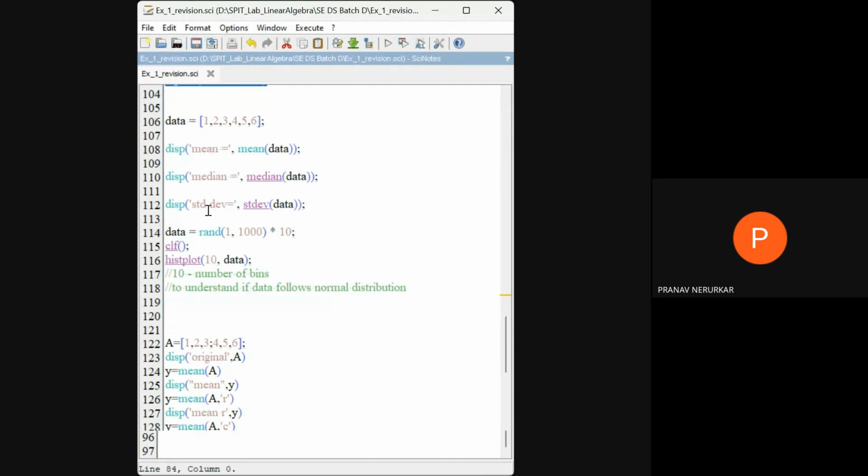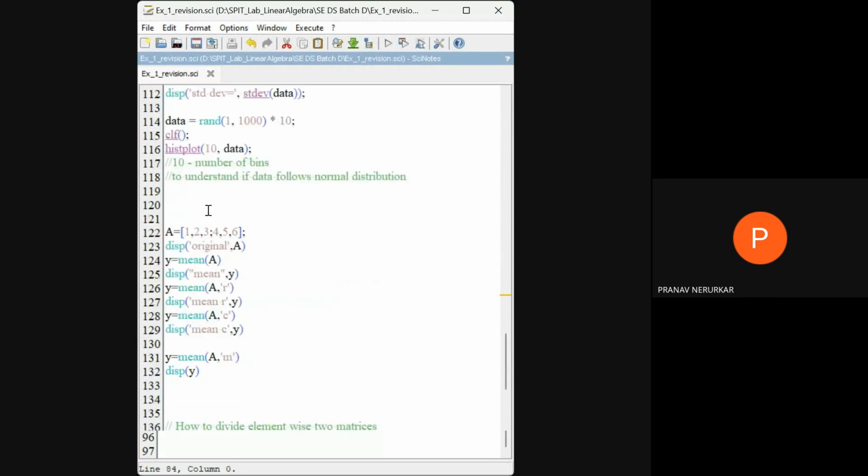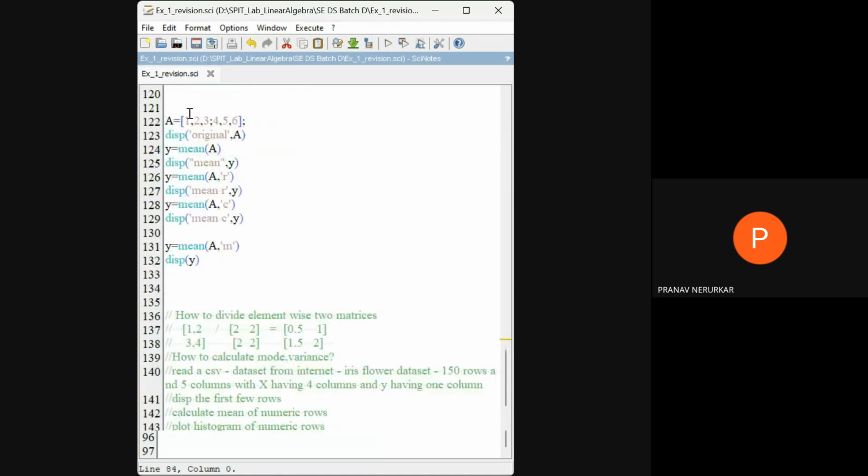Mean, median, standard deviation. Plotting numeric data in the form of histogram. Calculating the mean for rows and columns. If your data is in the form of table, then each column will be one feature.